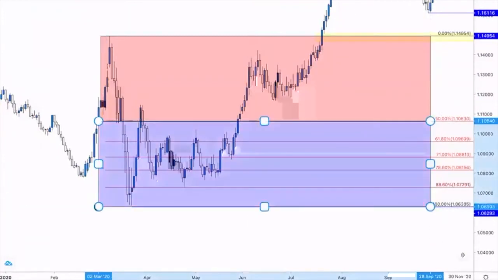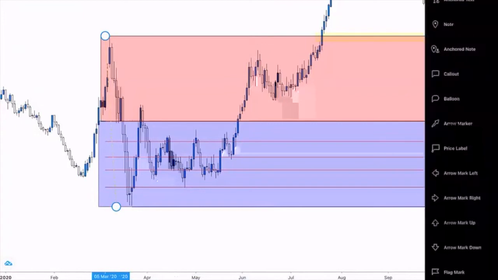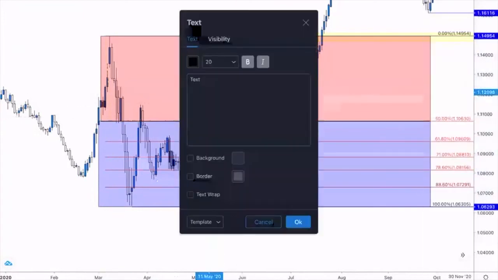Look at this as premium and discount price.